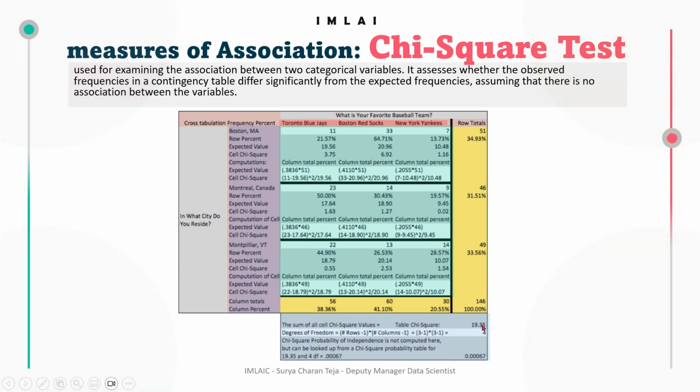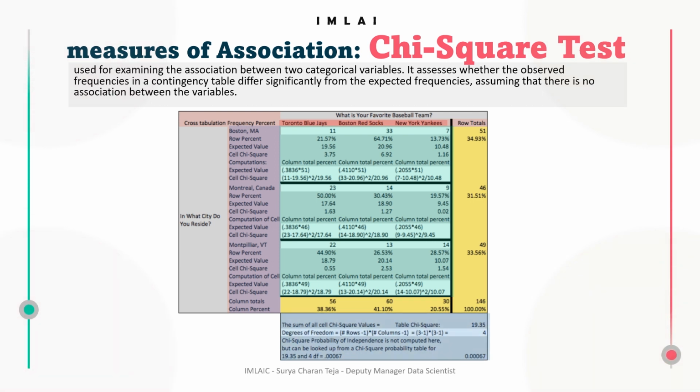The total chi-square of the table is 19.35 and has an associated probability of occurring by chance less than 1 time in 1000. So we therefore reject the null hypothesis of no difference and conclude that there must be a relationship between the variables.